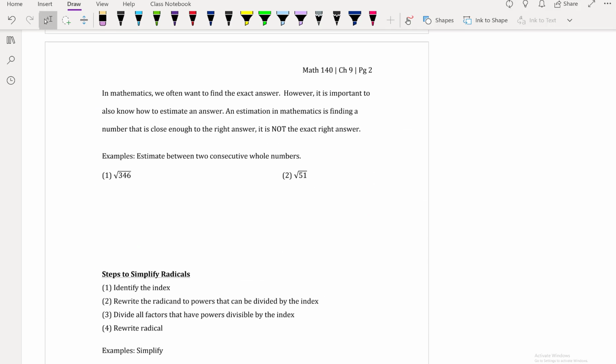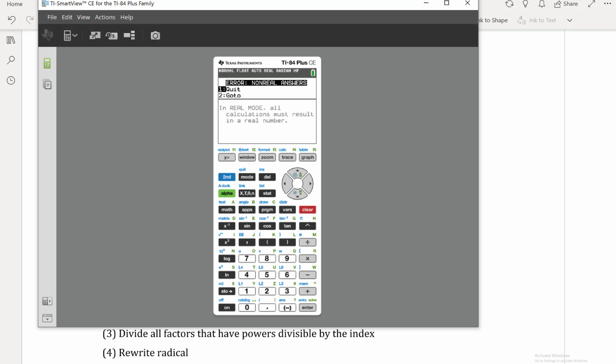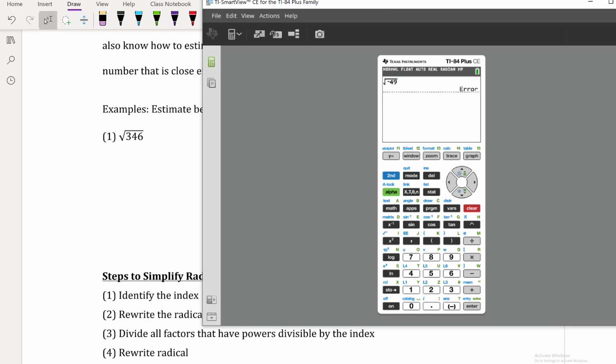Sometimes the homework is going to ask you to estimate between two consecutive whole numbers. You might want your calculator for this one. We want to estimate the square root of 346.